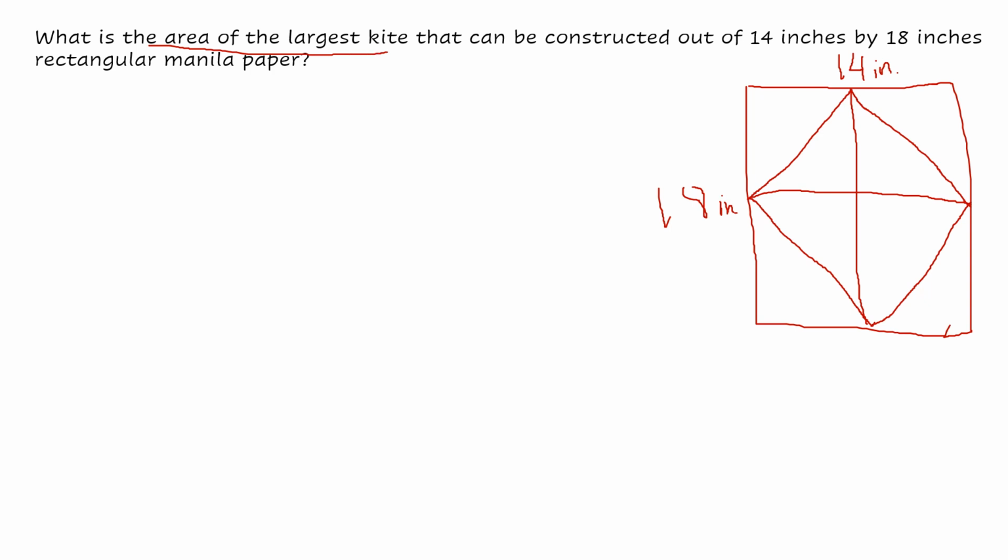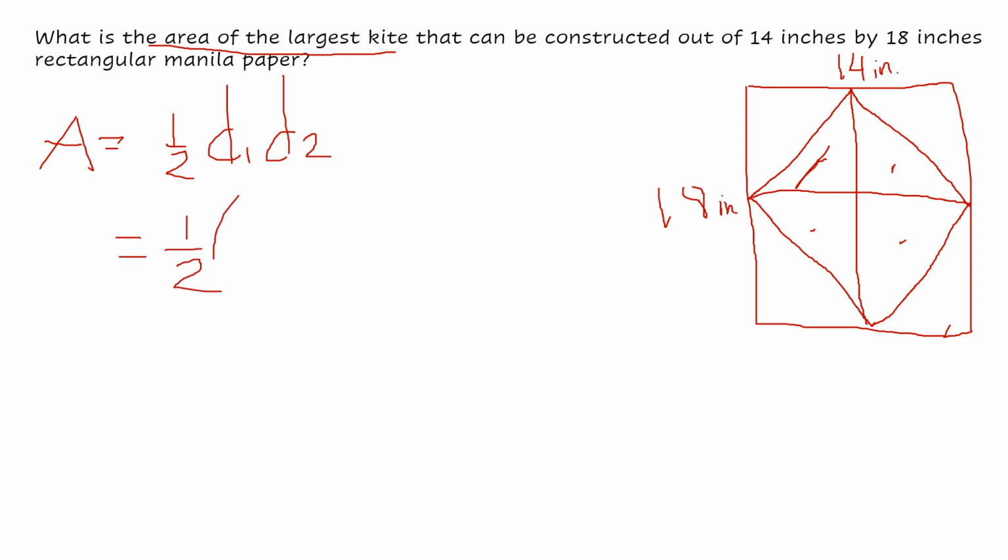Therefore, the area of the kite that can be constructed out of this Manila paper is again using the formula 1/2 diagonal 1 times diagonal 2, which is 1/2 of, let's just say the first diagonal is 14 and the other diagonal is 18.